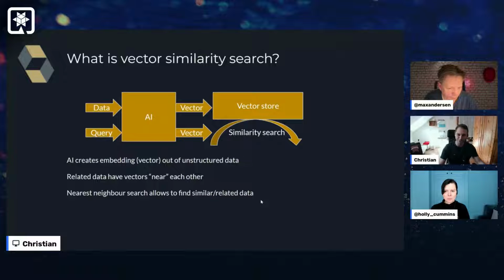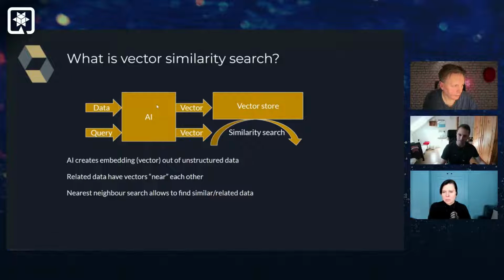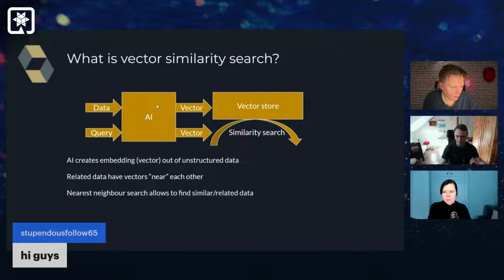What is vector similarity search? I'll try to draw a diagram here. In essence, you have an AI, and this AI is capable of creating so-called embeddings. An embedding is a vector, and I will explain in a second what that is. The idea is that for some data that you have, you take that vector and put it into a vector store.